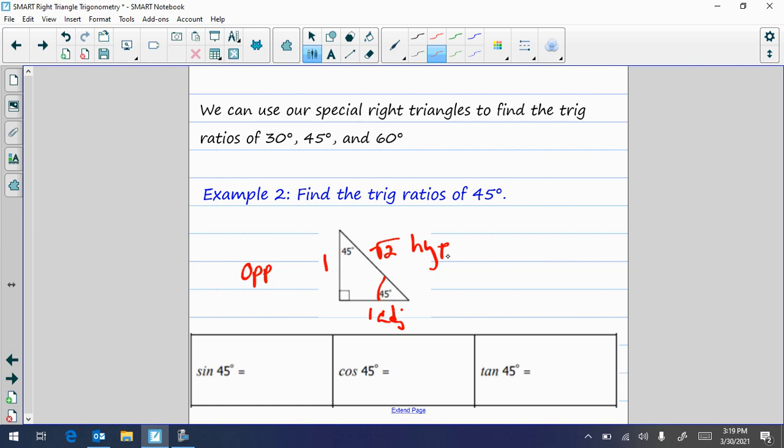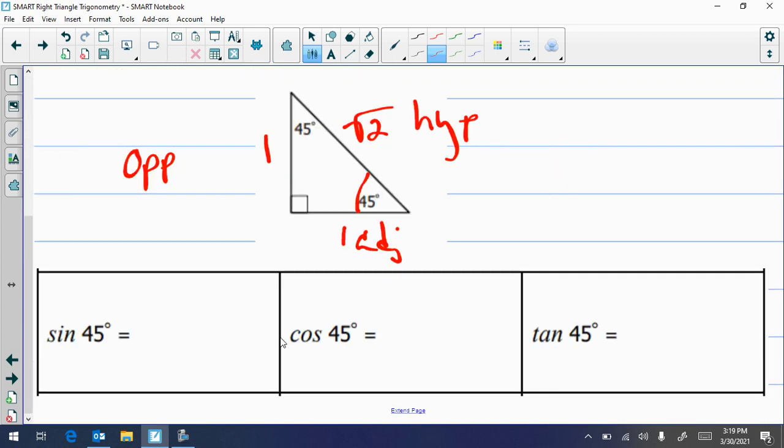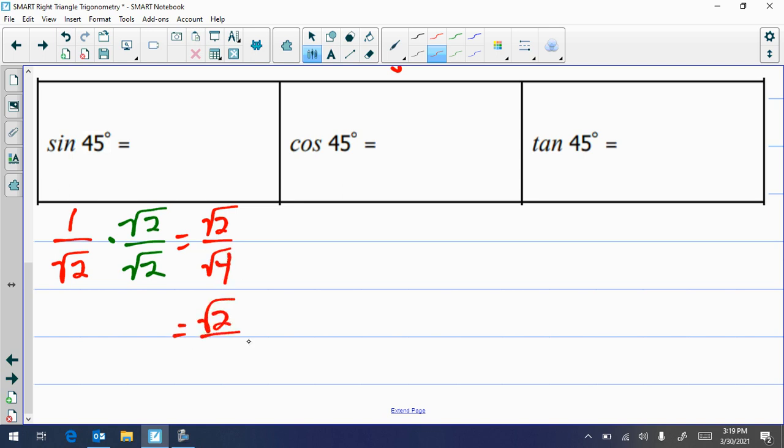So my sine is going to be 1 over the square root of 2. I hope you see what's wrong with that. Yuck. I don't like that radical in the denominator, so I need to rationalize it. So I'm going to get square root 2 over square root 4, which is square root 2 over 2.